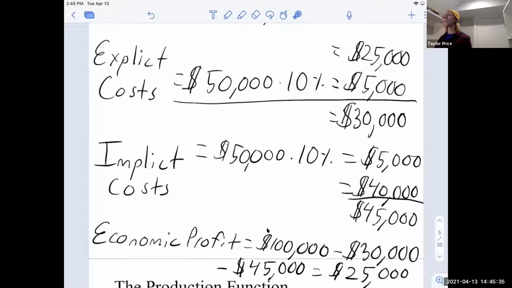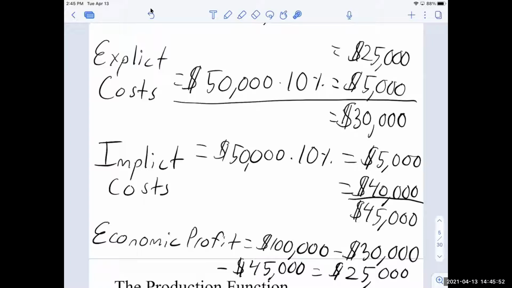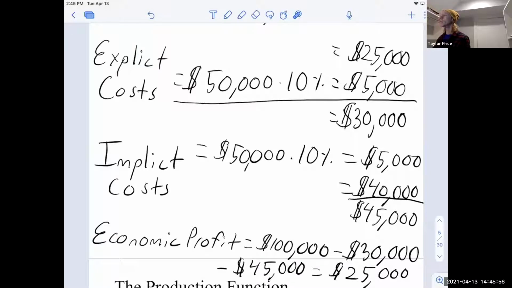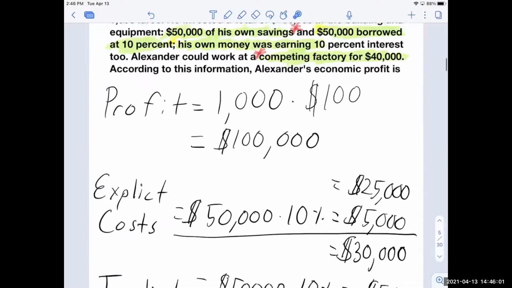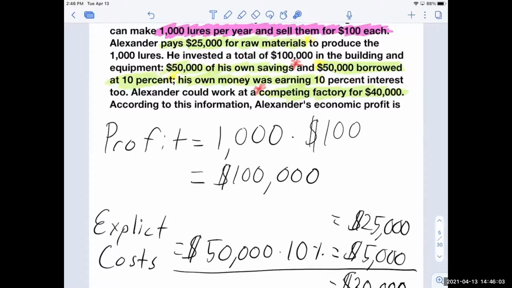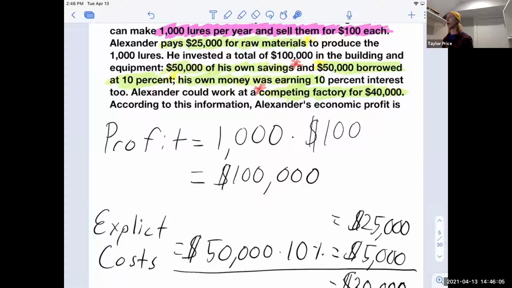Okay, so let me pause here and see if there are any questions. Professor. Yeah, so that's a really good question. You're asking why the $50,000 that he borrowed is not included in the cost?